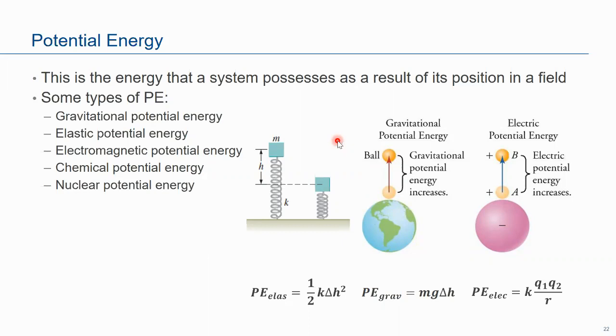We have elastic potential energy, such as that you observe in springs and other elastic materials. We have electromagnetic potential energy, chemical potential energy, and nuclear potential energy. And all of these forms or types of potential energy, meron siyang kinalaman bilang isang sort of stored energy, right? So take a look at some examples.